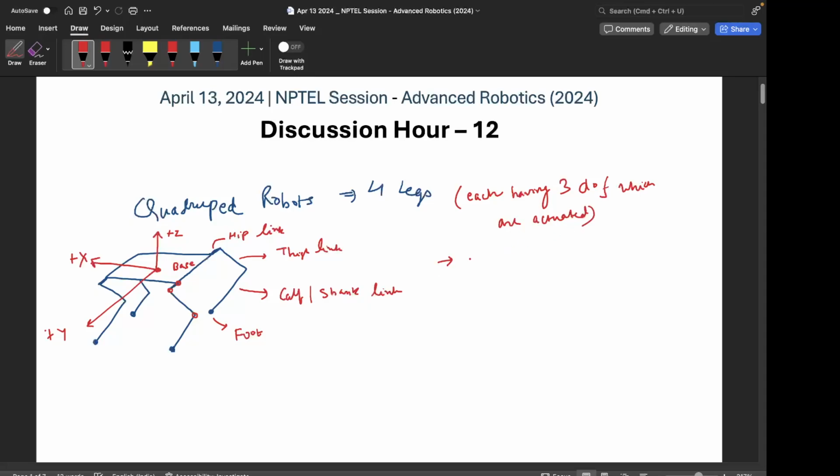So what are our assumptions for building the mathematical model? First is that all the links are rigid. Second is all joints are revolute. This is not an assumption, this is a fact, and they are frictionless.